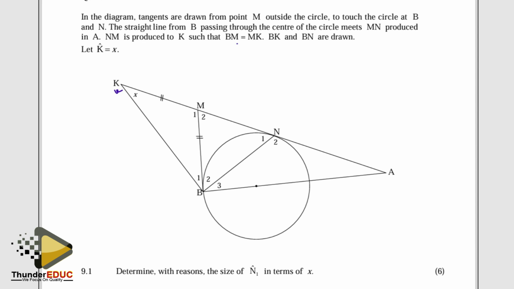They want us to give reasons for the size of N1 in terms of X. This is N1. Okay. What I'm seeing is that this is X. Okay. Which one is the tangent?